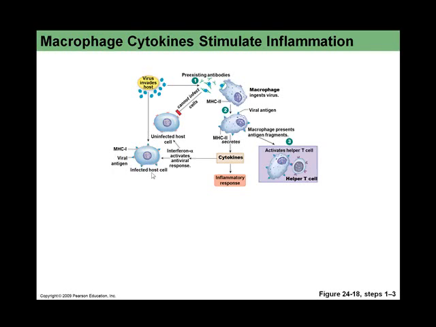Remember, the MHC1 is on every nucleated cell in the body, so this could be whatever virus infects whatever cell. If it happens to be a virus that would infect an antigen-presenting cell, then it would be with the MHC2 as well.